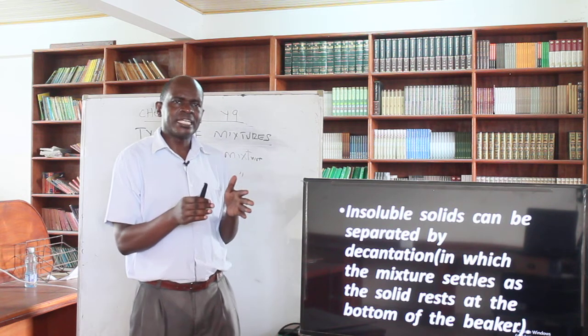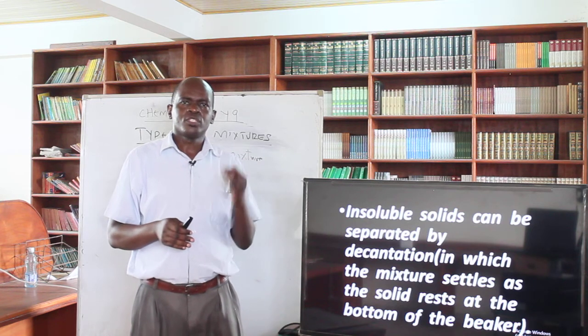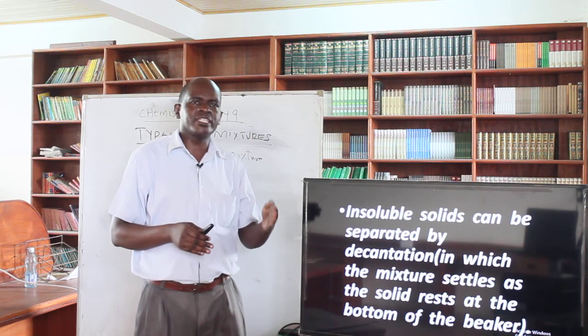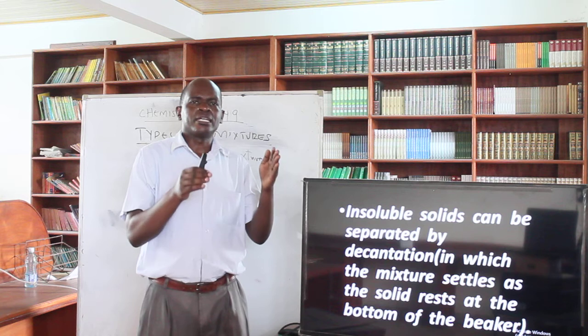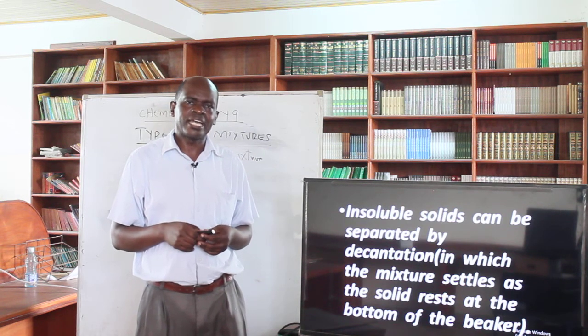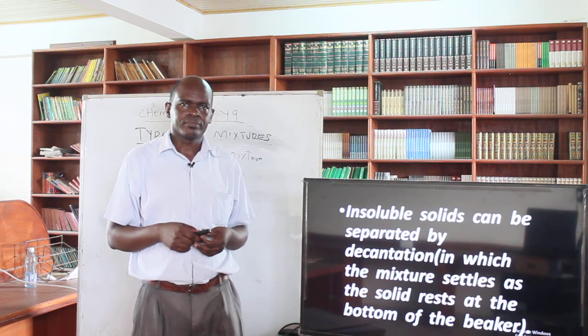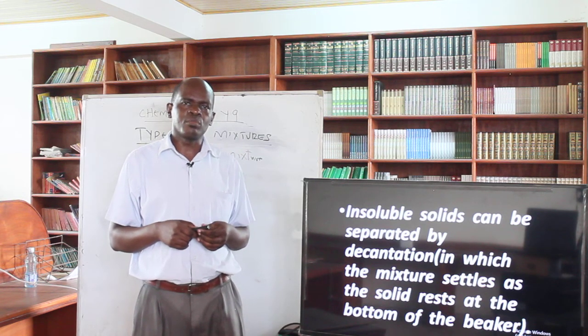And then we said that that particular relationship, solute plus solvent equals solution, only applies to the solids which are soluble in water. But we have some which are insoluble in water.